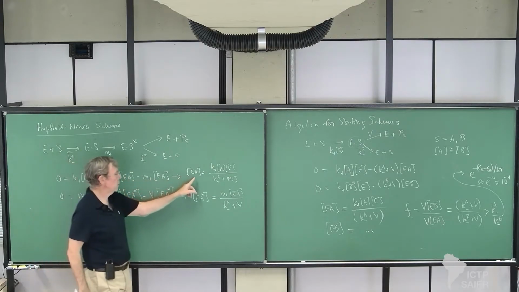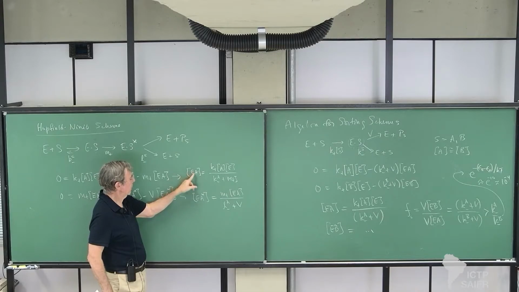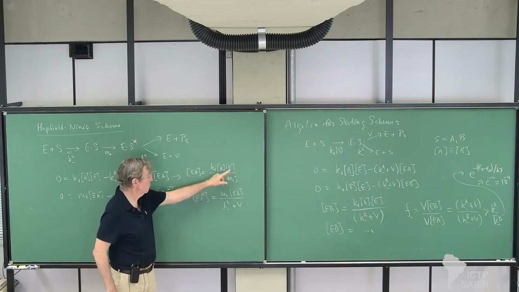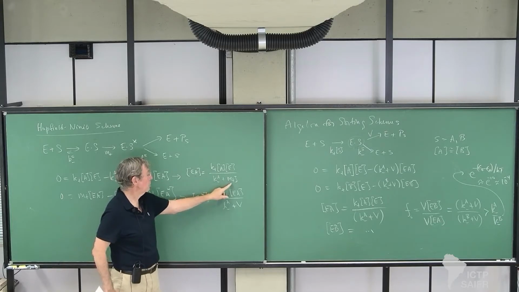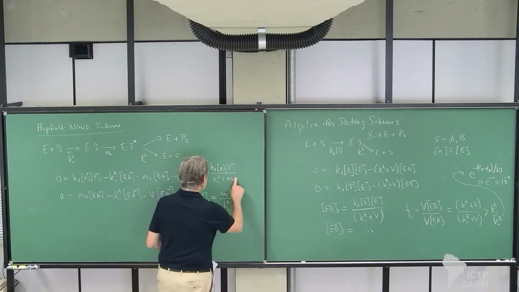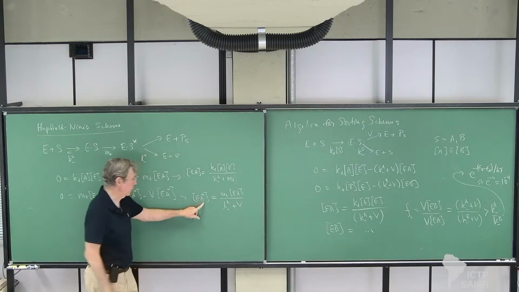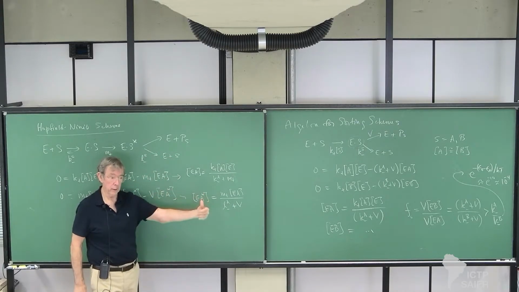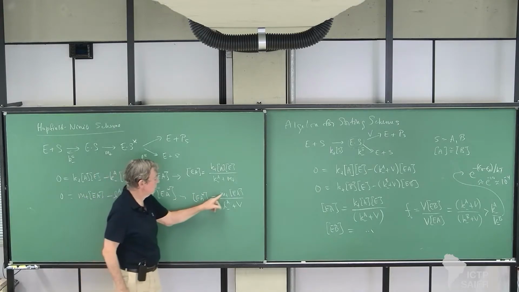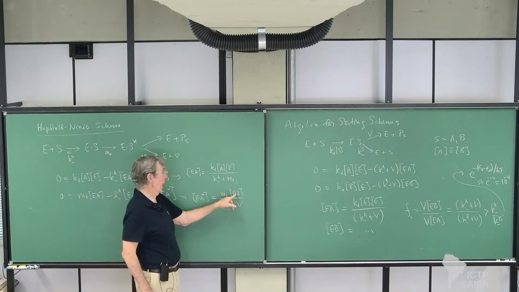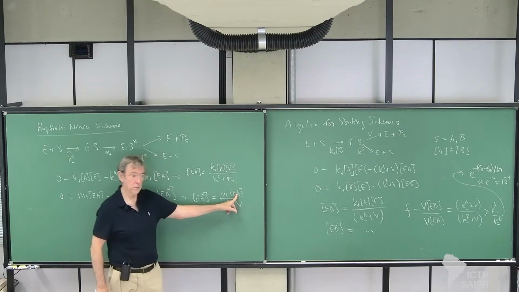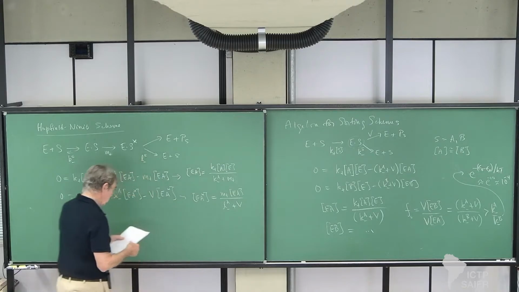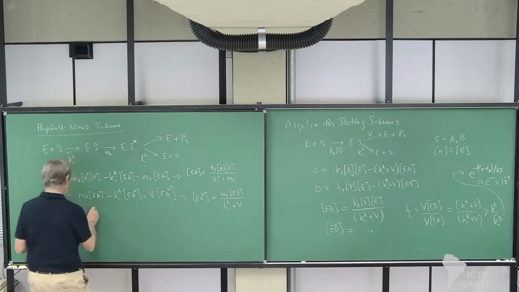One of them tells me that the first bound complex concentration is something that involves numbers that I know that are fixed. And the second one, the second bound complex, which is the one that's critical because it's from him that the product gets made, is some factors times the concentration of the first bound complex. So I just have to chain these two together to get that EA star.